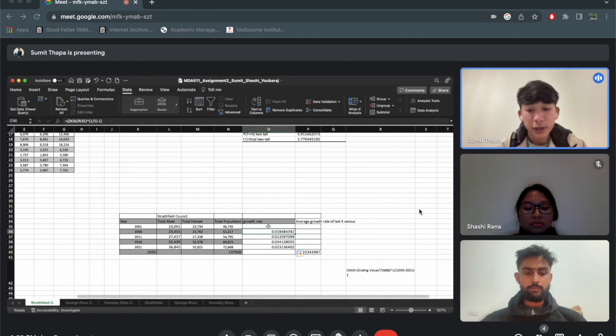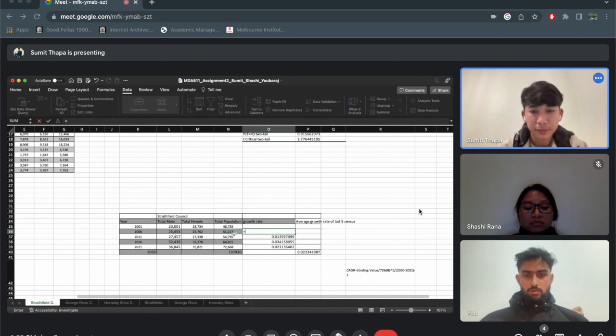To calculate the growth rate, we used the CAGR formula: ending value divided by starting value, to the power of 1 divided by 5, minus 1. The 1 is from the formula, and the 5 is the difference in number of years.